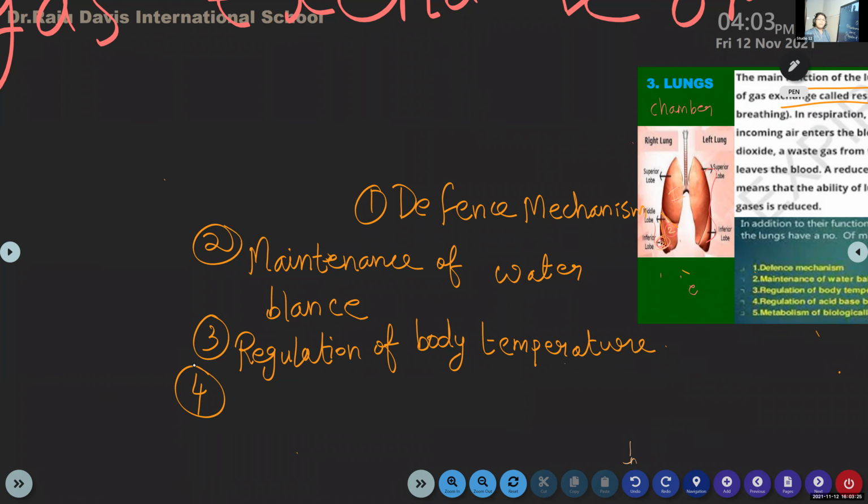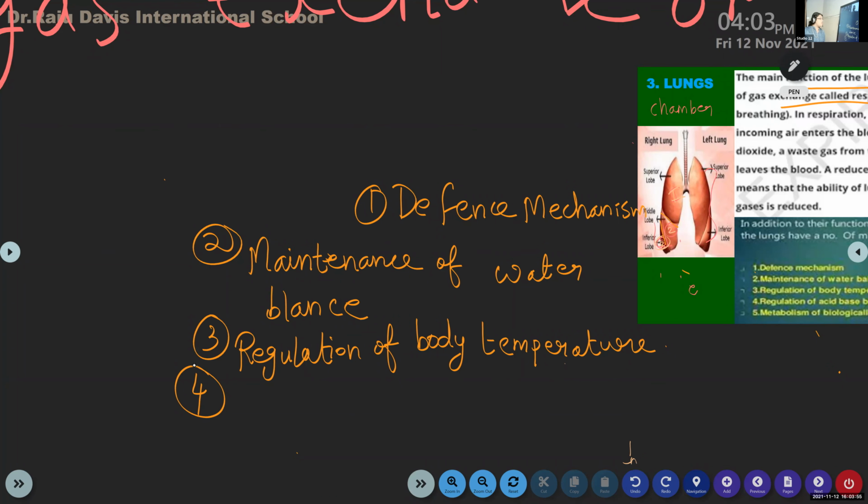What do you mean by defense mechanism? Suddenly some virus enters your bloodstream. The lungs will show imbalance over there. So by that, the doctor will identify that your breathing is not proper. There is some problem. Then afterwards, he will ask you for blood test, hemoglobin checking, pressure checking, sugar level checking, all this. So this symptom will be identified by checking your pulse rate, because pulse rate will change, your breathing rate will change.